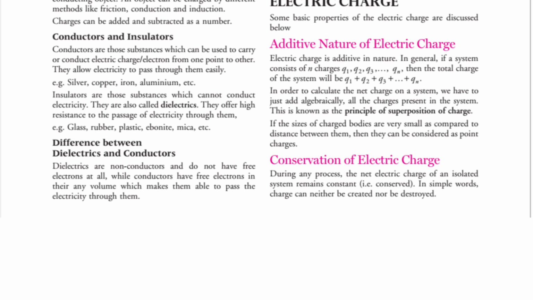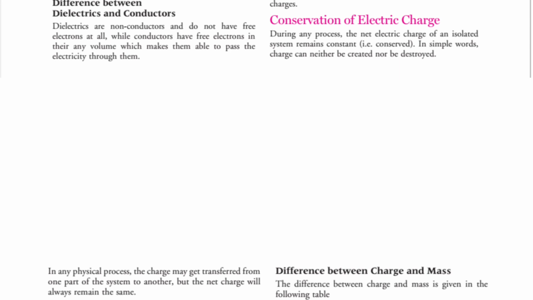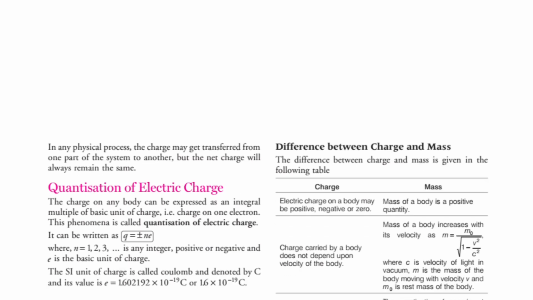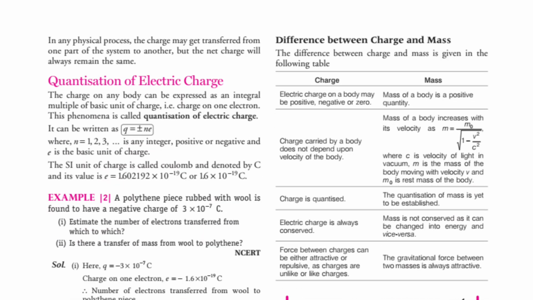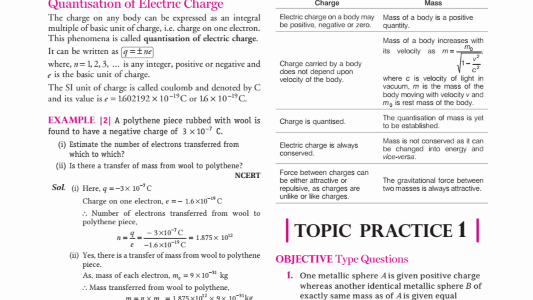Then conservation of electric charge we saw, that electric charges are conserved. Then quantization of electric charge also we saw, with the formula Q equals plus or minus ne, and we solved by default values. We saw this example, polythene piece rubbed with wool, with negative charge of 3 into 10 raised to minus 7.